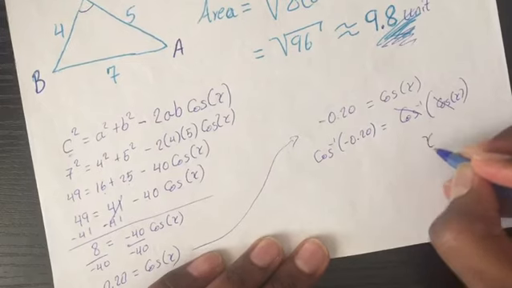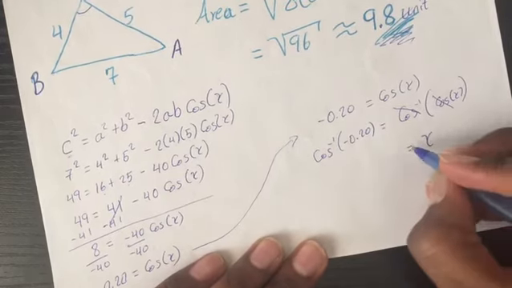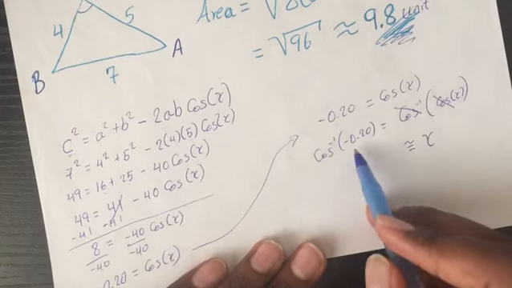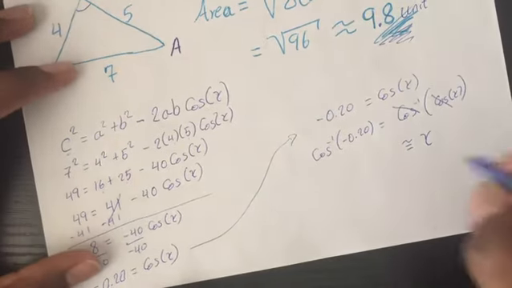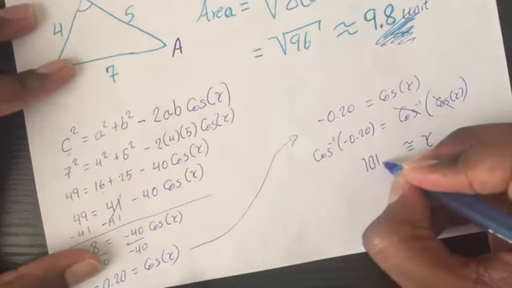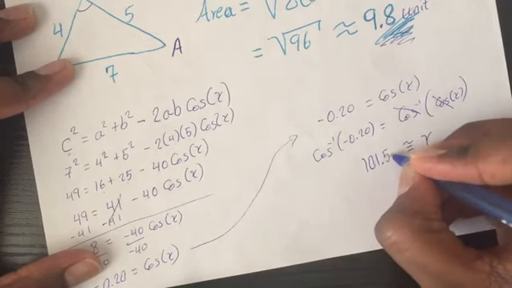You're left with gamma, that is angle C, equal to the cosine inverse of this value. Let me get my calculator. Let's see, so cosine inverse of negative 0.2, and I get 101.54 degrees.